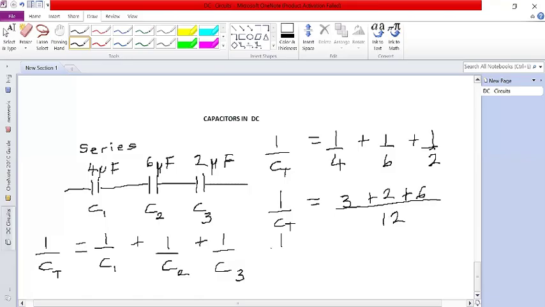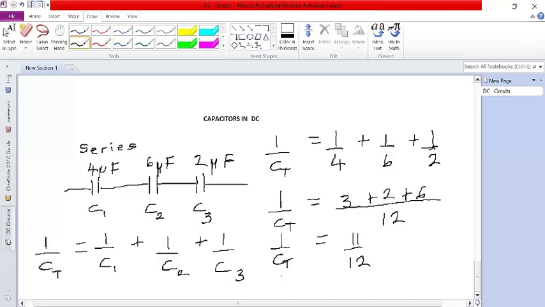Then 1 over CT is equal to 3 plus 2 plus 6. That's 11, so it's 11 over 12.